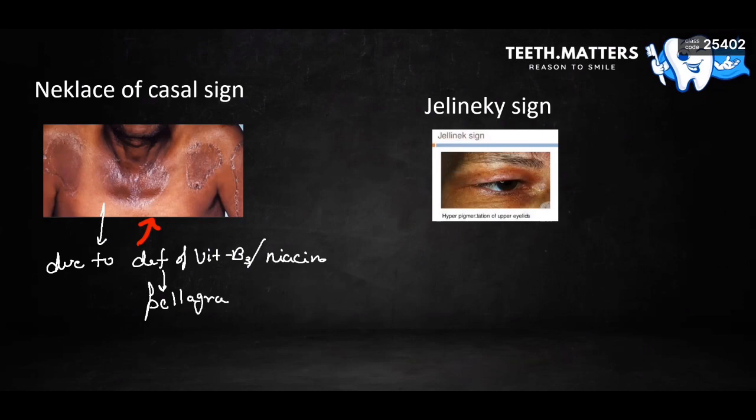So Jellinek sign is just hyperpigmentation at the upper eyelid and it is seen in hyperthyroidism.